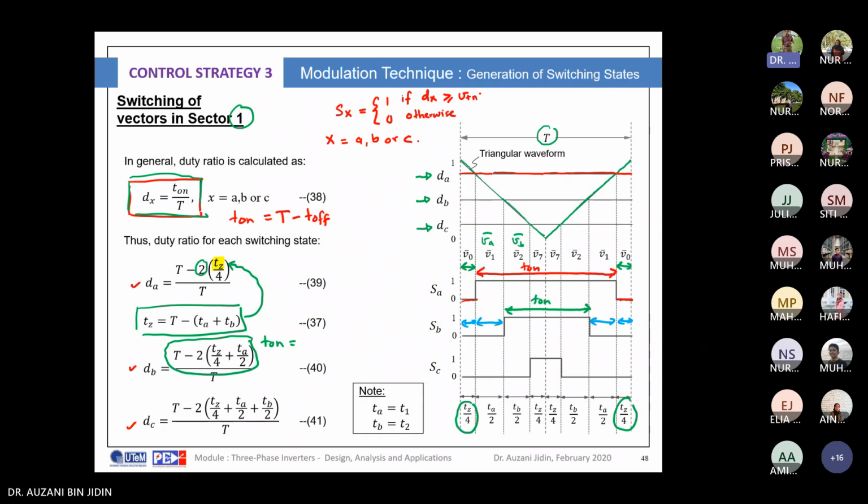Clear? So you get your T off is Ta divided by 2, multiplied by 2, and Tz divided by 4, multiplied by 2. Then you get this equation, the bracket term equation. Okay, clear? Boleh faham?